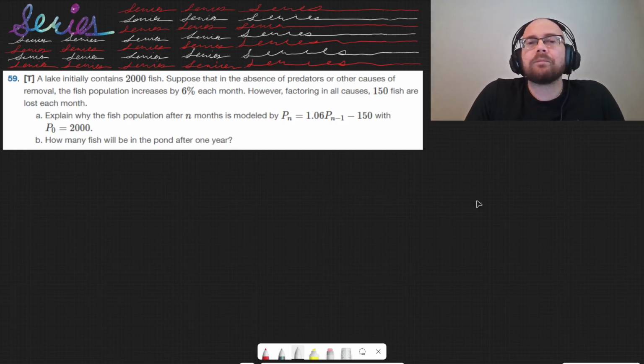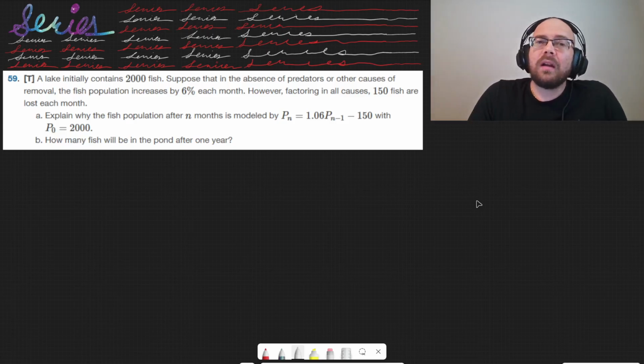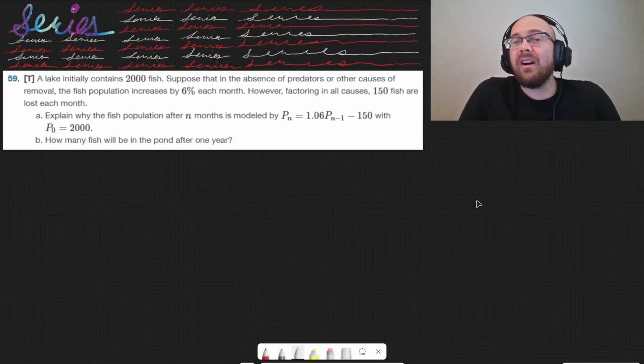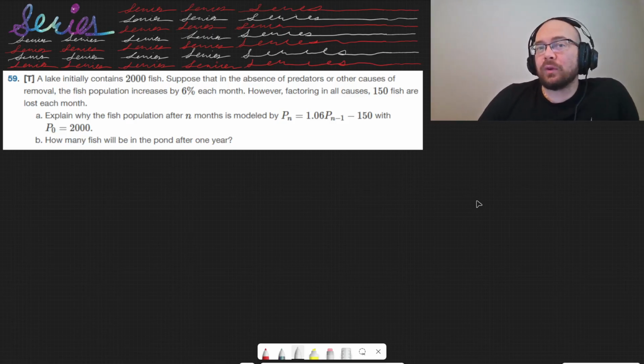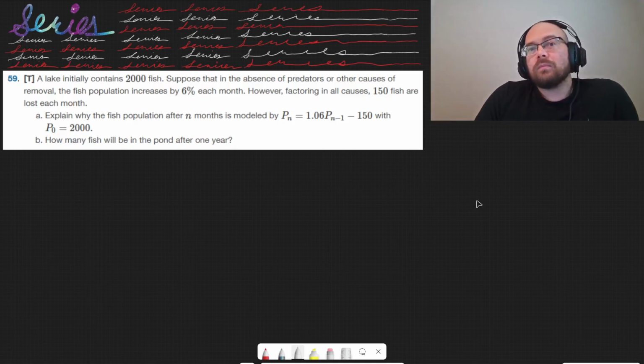That gives us the new amount, 6% more, and then we take off 150 afterwards. And that's kind of how they're explaining it in the problem. They could have been a little better at explaining it, but not a bad explanation. So we're going to do minus 150 at the back end because that's what happens after we add the 6%.